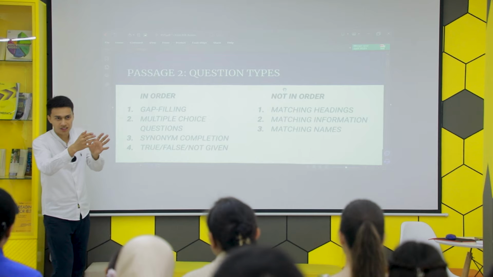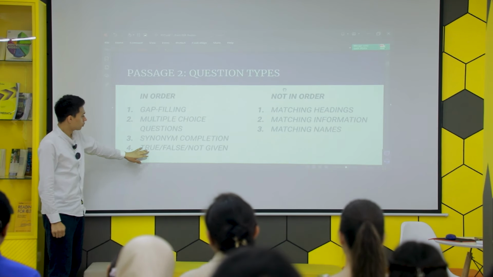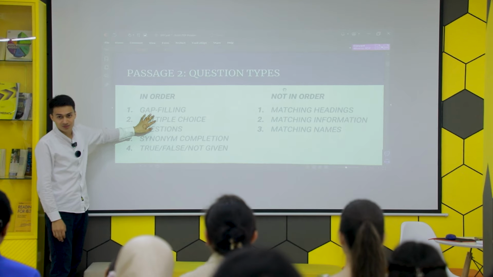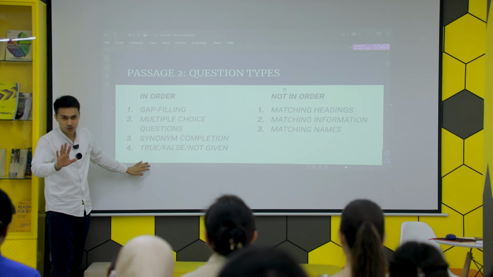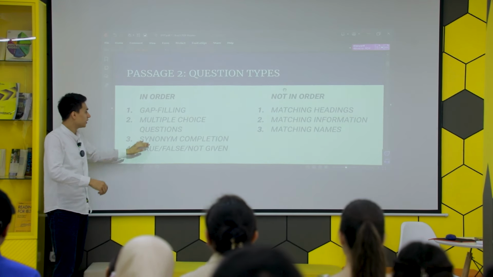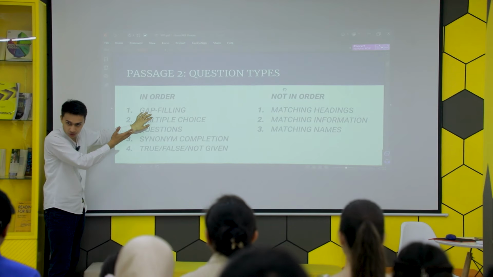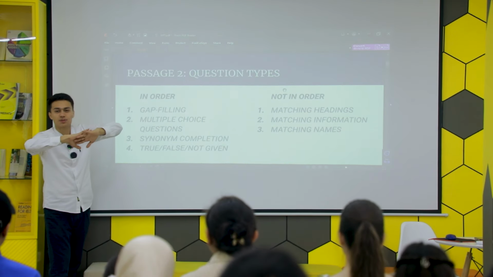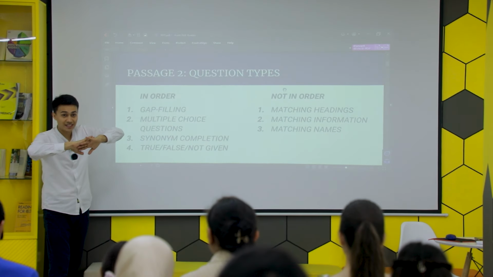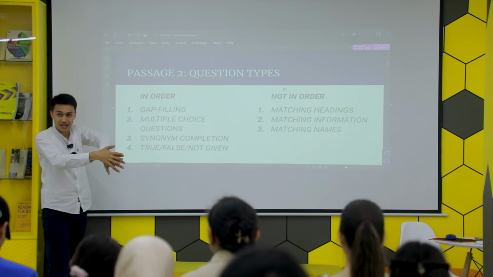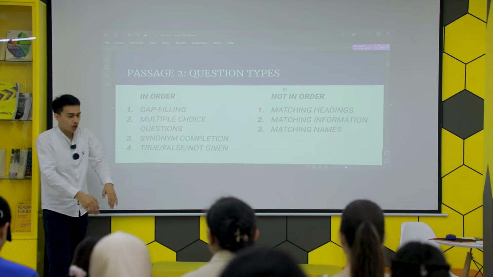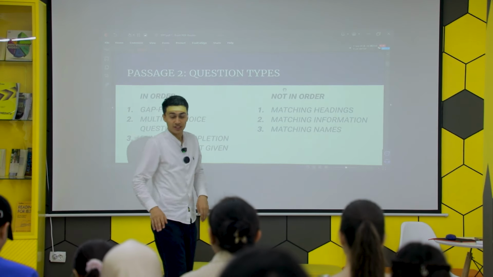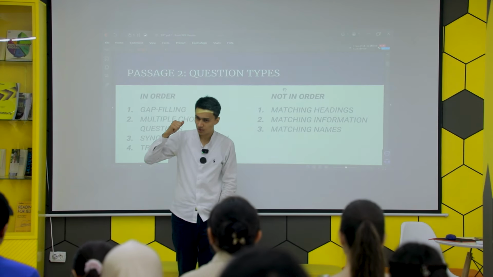Boshidan boshlab, birinchi paragrafdan boshlab true, false, not given ham javobi, gap filling ham javobi chiqishi mumkin. U in orderni buzadi degani emas. Gap fillingni o'zi ketma-ket ketaveradi. True, false, not givenni o'zi ham ketma-ket ketaveradi. Bir-biriga aralashib ketgan bo'lishi mumkin. Okay? Lekin o'zlari ketma-ket. Okay? Buni qozoni boshqa, buni qozoni boshqada. Ketma-ket ketaveradi.